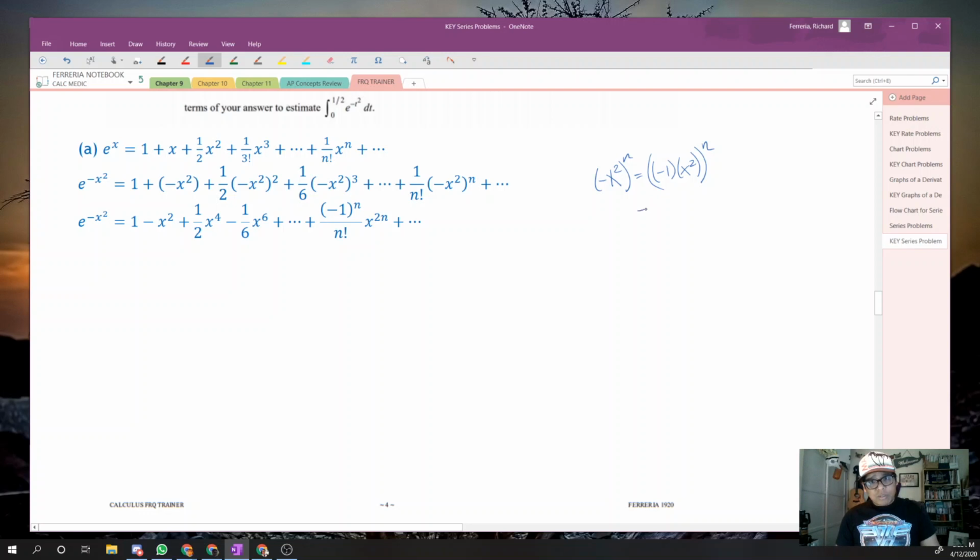And of course, you can take that power and give it to each one of those factors. And x squared to the n power is x to the 2n. So that's where all of that comes from, and you'll see that here and here. Okay, so letter B.